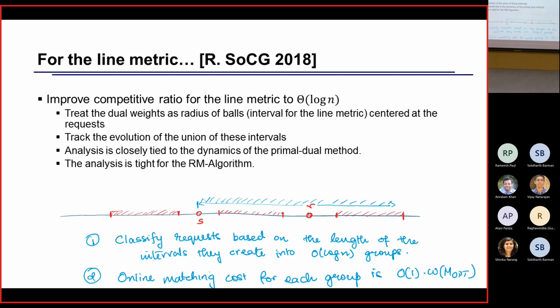This is an oversimplification of the entire algorithm. You may have to read the paper to get all the details, but the point I want to emphasize here is that the primal-dual method played a very important role, and how the dual weights were being updated played a very important role in the analysis of this algorithm and bringing the competitive ratio down to log n.